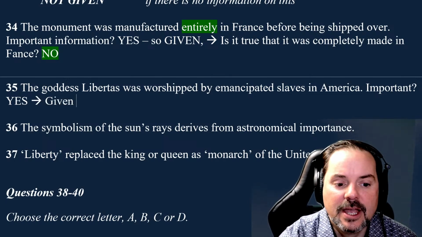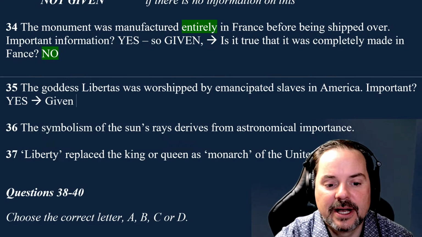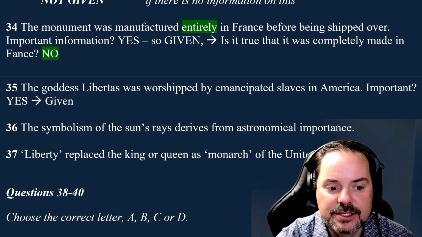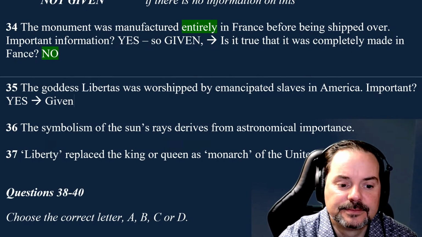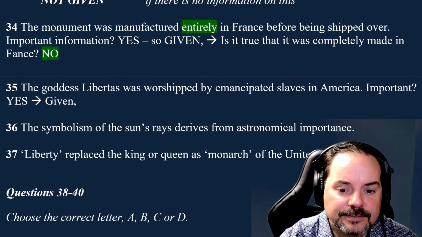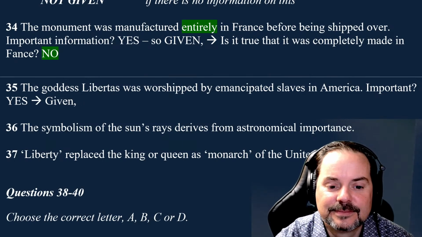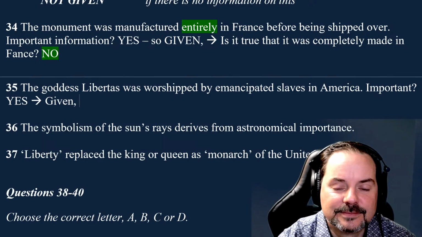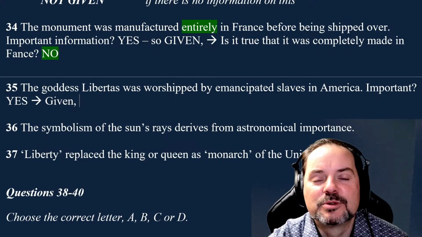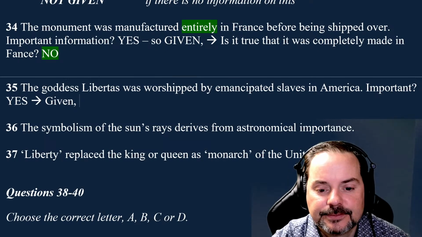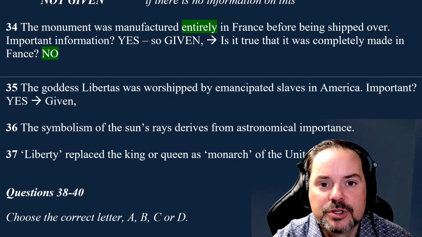Yeah. And was it worshipped by Americans in the U.S. or emancipated slaves in the U.S.? Let me take a guess. I think it is yes. James, what's the main religion in the U.S.? Americans follow what religion mostly?